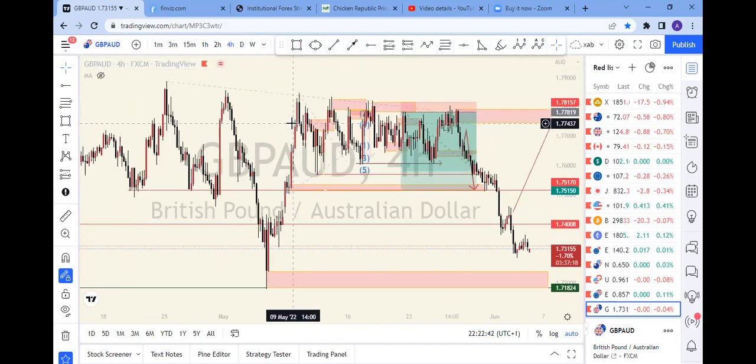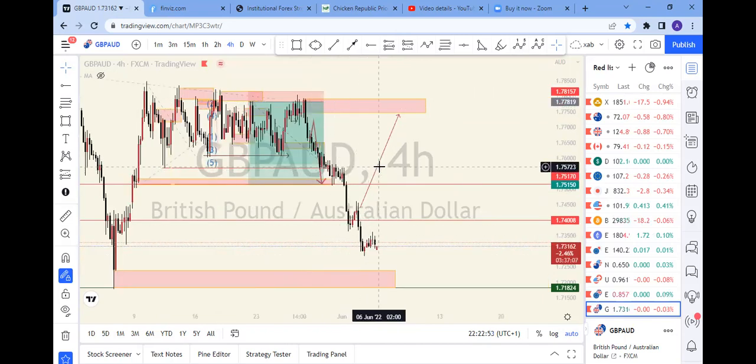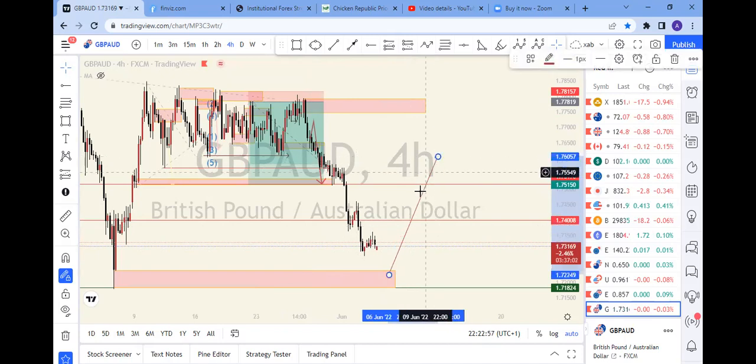We talked about AUD getting weaker, GBP also getting weaker. So we can expect prices to go higher, probably from a zone like this.